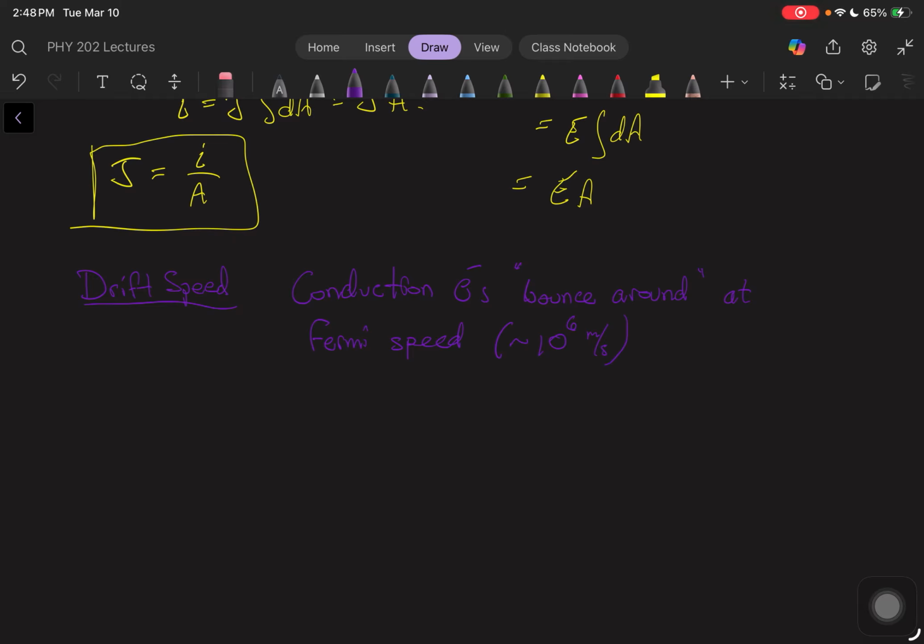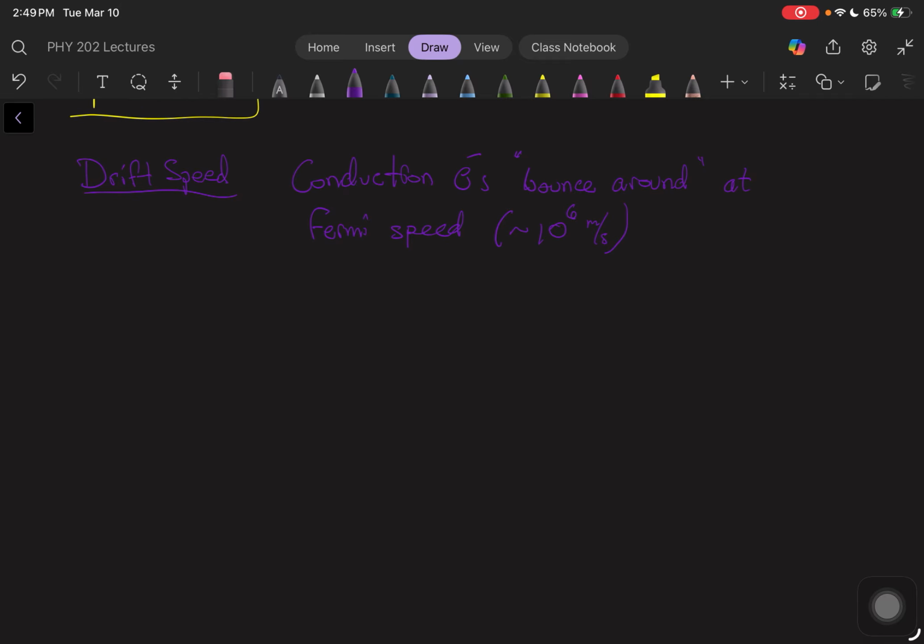Which is wicked fast. But we're going to find that conduction electrons actually travel at a very low speed, right? And so let's come up with a good picture we can have in our head. And so we're going to go back to this conductor. That'll do. And then we're just going to look at like one electron.